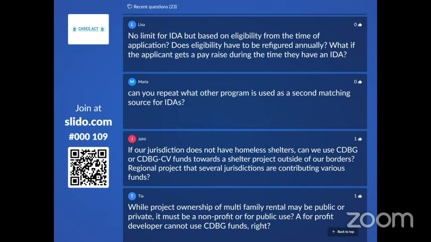And if there's an HHS or some other agency match, that money will go back to them. The issue is that the regs don't require an annual check of income. It's highly recommended though, particularly if the savings program is going to be for like 3 or 4 years, because a lot can happen in that amount of time. So it's recommended, but not required, that grantees check income of people with IDAs at least annually.